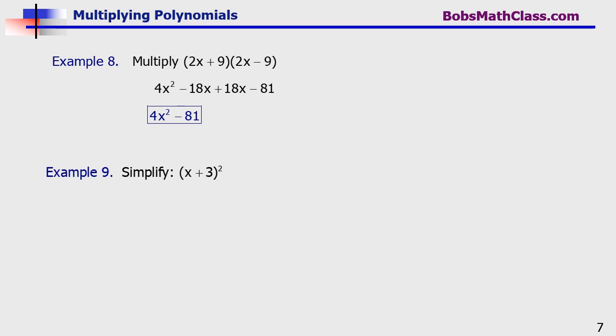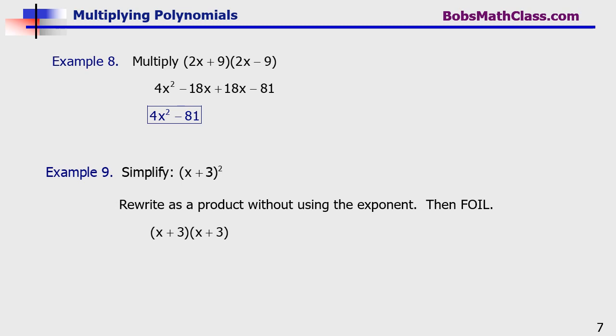Now again, on number 9, you want to write it out twice and then multiply. So x squared plus 3x plus 3x plus 9. The middle terms do not cancel because they're both the same sign.